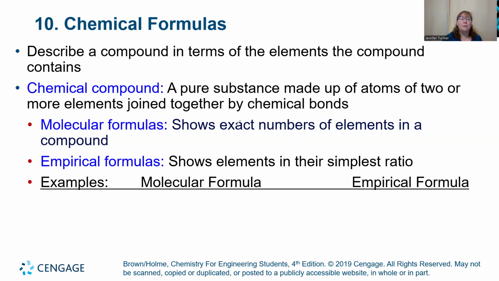Molecular formulas show the exact number of elements in a compound, and empirical formulas show those in their simplest ratios. That is actually really important because when we use something called a mass spectrometer, we put a small amount of chemical into the mass spec, and the mass spectrometer spits out only the empirical formula, or only the ratio of elements.